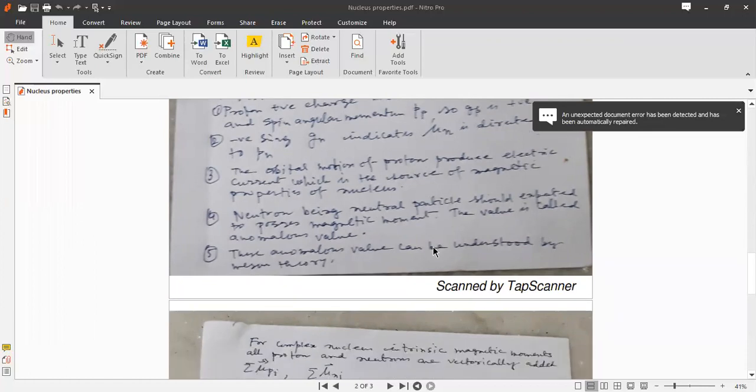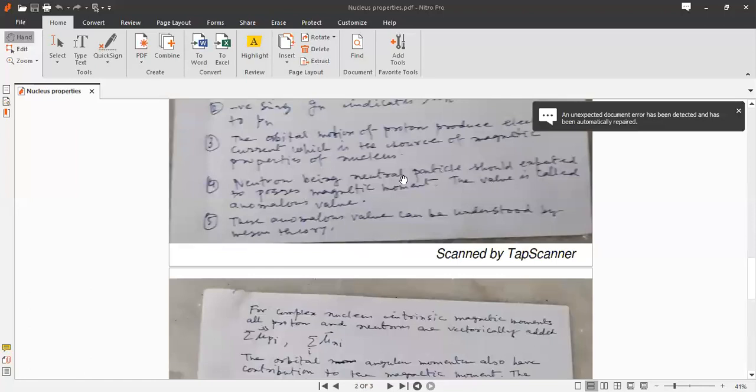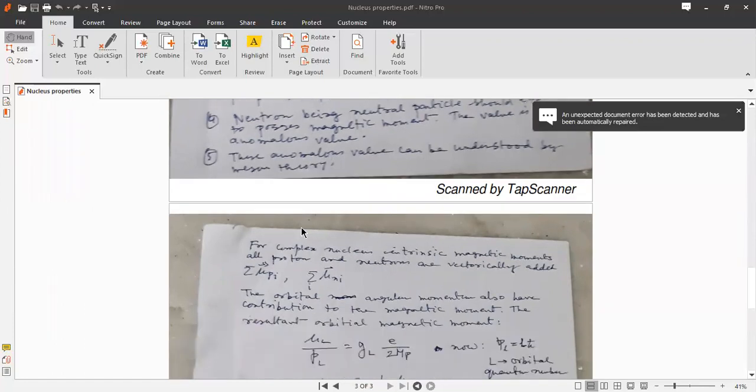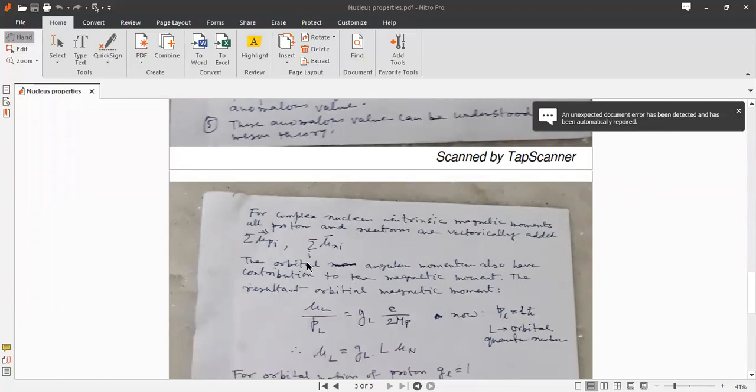So it should not be expected to have a magnetic moment, but the neutron has some magnetic moment. Experiment says that. This value is called the anomalous magnetic moment. This anomalous value can be understood by meson theory. We'll discuss this later when we discuss the neutron as an elementary particle or a complex particle, whatever.